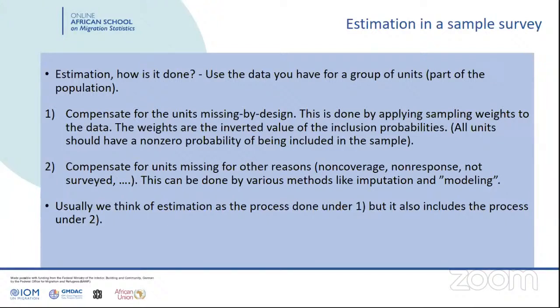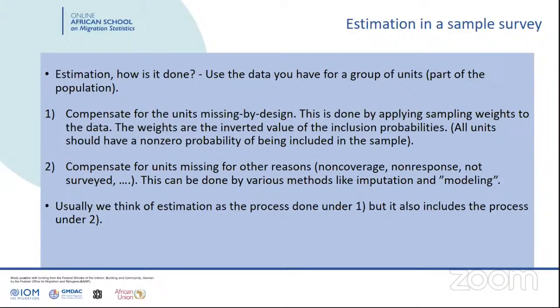And we use this weight to raise the sample units up to the population level. So each sample unit will represent 99 other units. That is the meaning of the sampling weight 100 in this case.